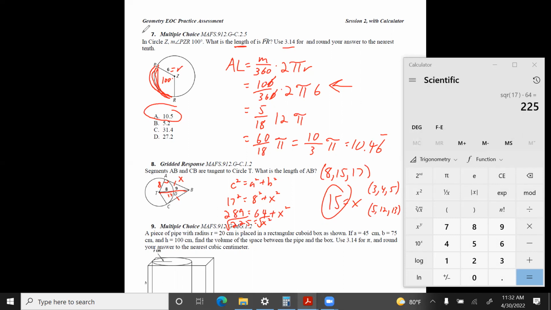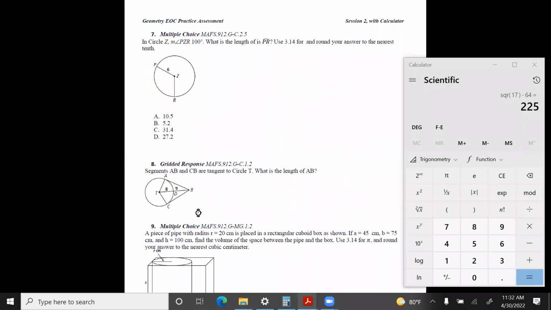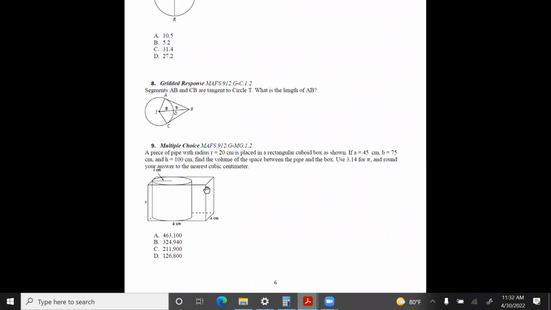All right, moving on. So we have down here number 9, we have a rectangular prism and we have a cylinder. So a piece of pipe with a radius of 20 centimeters is placed in a rectangular cuboid shown below.